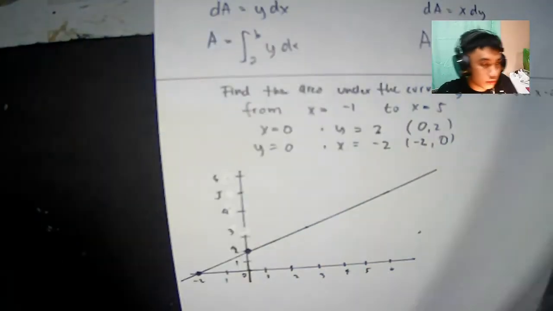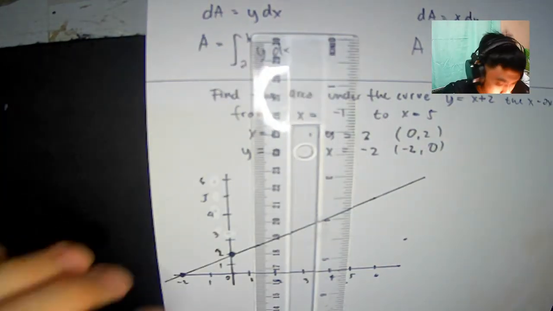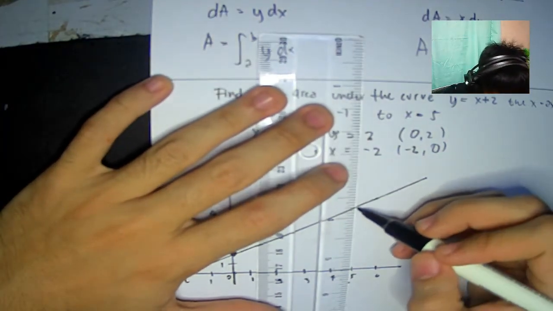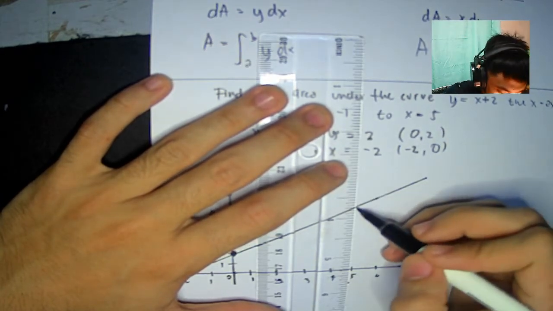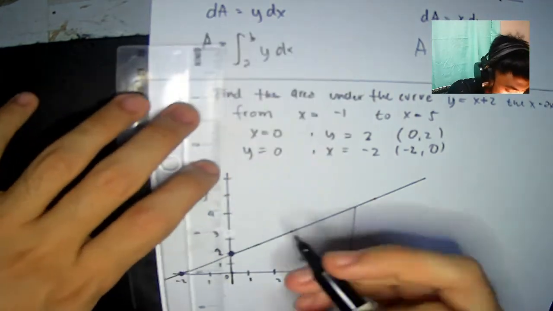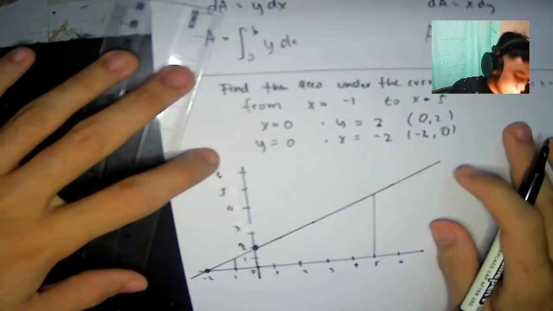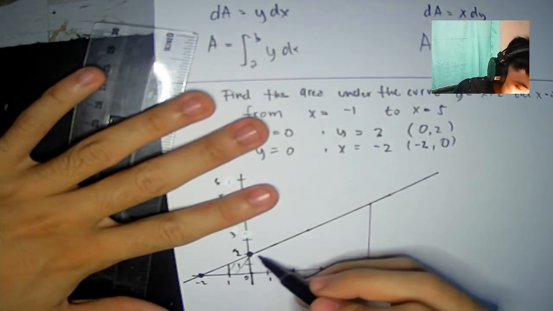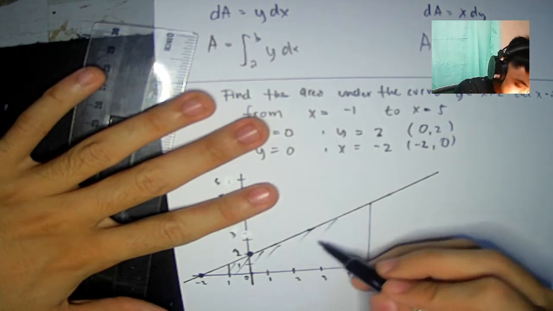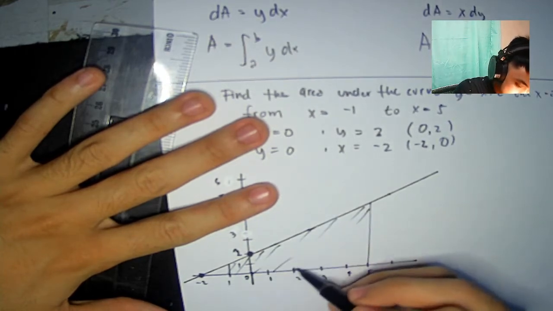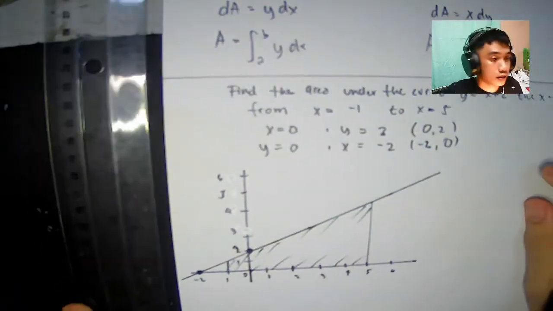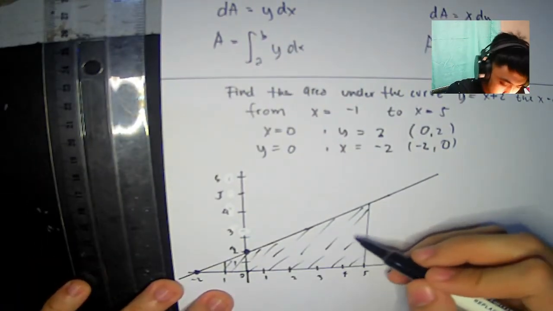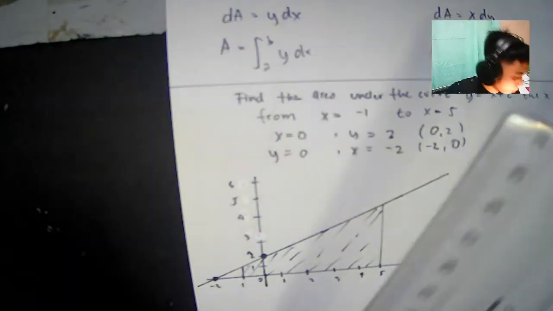So we'll have our curve there. The range is 5. The area of the function where we're going to find our area ends at 5 and -1. So that is our shaded area. Let's not overshade it. That is our shaded area.